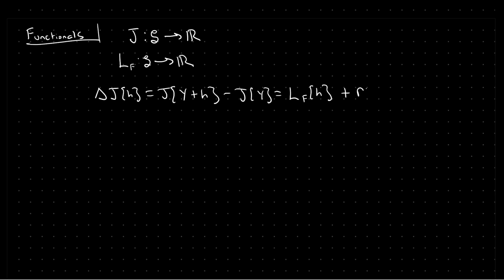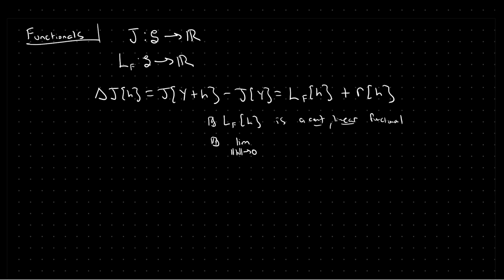that approximates this nonlinear increment with some remainder r of h, such that LF of h is a continuous linear functional, and the remainder goes to 0 as the variation h goes to 0.